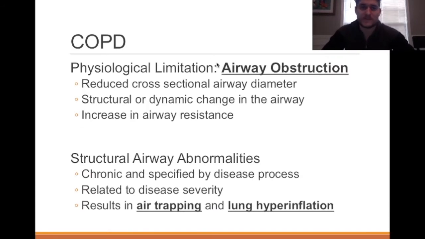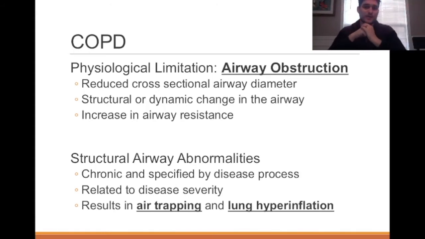So a physical limitation is airway obstruction. The reason why airways are being obstructed with COPD is because they are reduced in cross-sectional diameter. And if you recall from our lessons about blood, we know that when a vessel decreases its radius, this increases resistance and decreases blood flow.